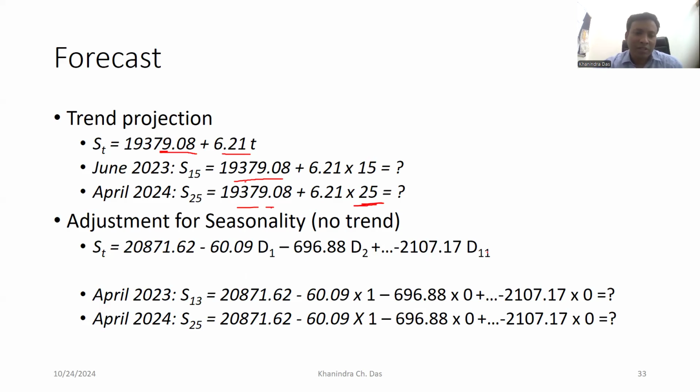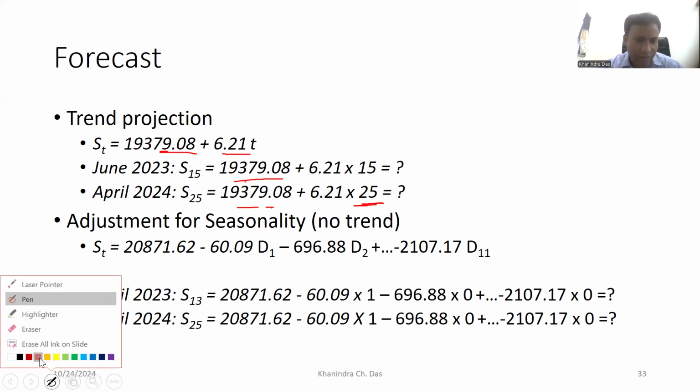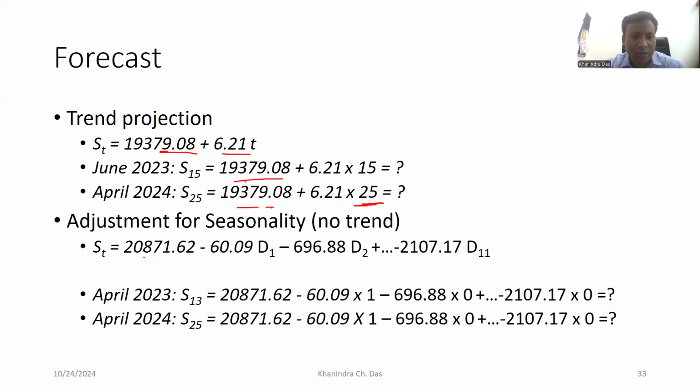And using these estimates, once again, one can forecast either in sample or out of the sample. So if you wish to focus for in sample period 13th, which is April 2023, only the April dummy will be equal to 1.